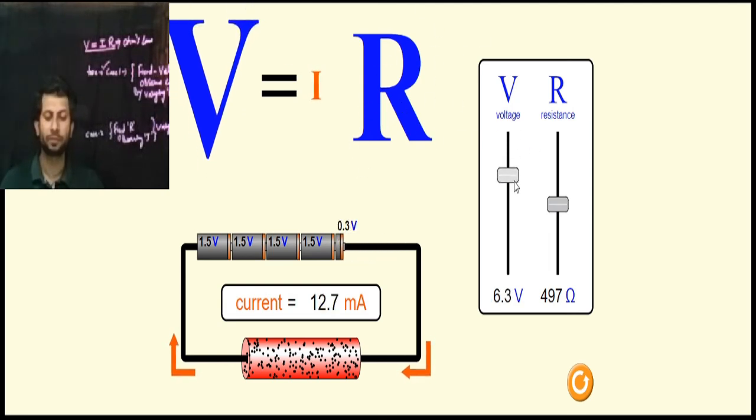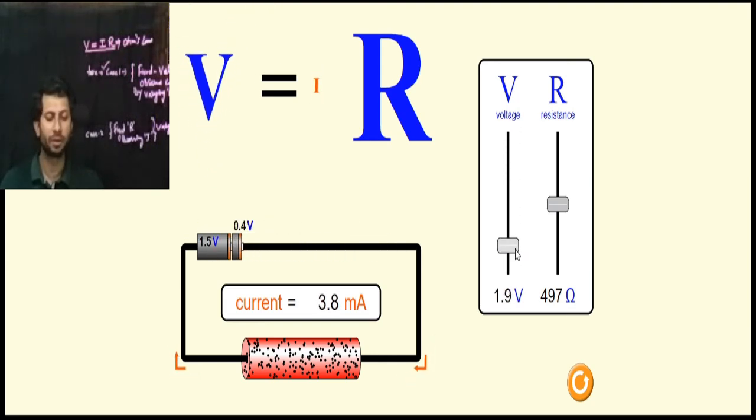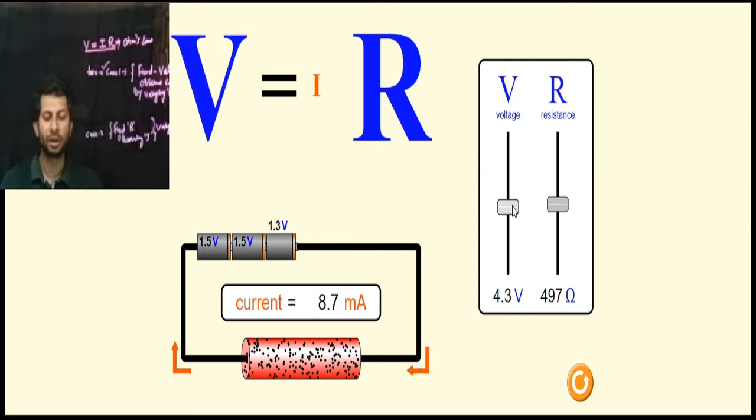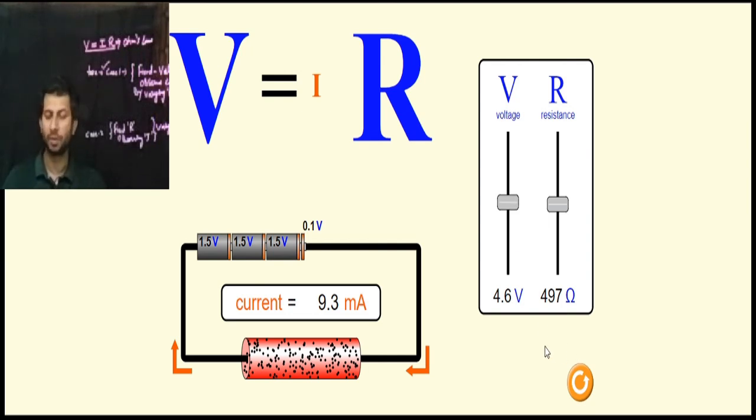That means by varying the voltage and keeping the resistance constant, we can increase and decrease the value of current. Hence we can observe that the current in the circuit is directly proportional to the voltage applied to the circuit, and the current is inversely proportional to the value of resistance.